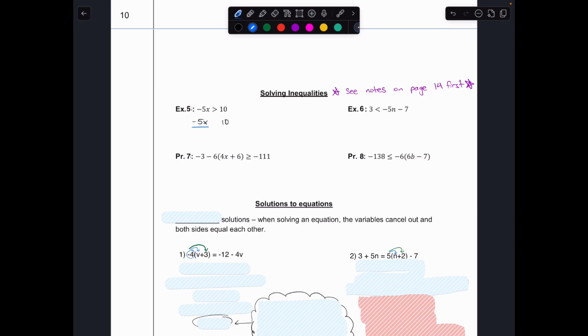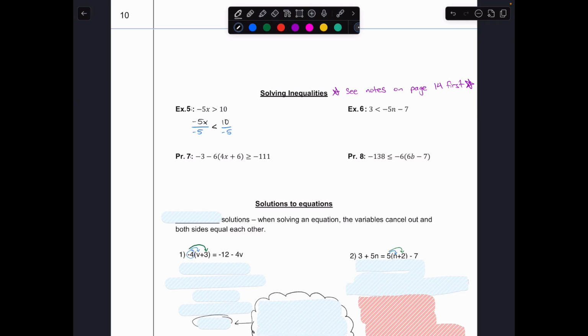Let's divide both sides by -5. Now, we can do that. We can divide both sides of this inequality by -5. But because we're dividing by a negative number, our inequality isn't going to be greater than anymore. We're going to switch the direction.